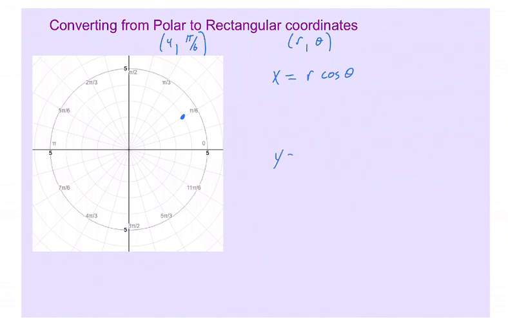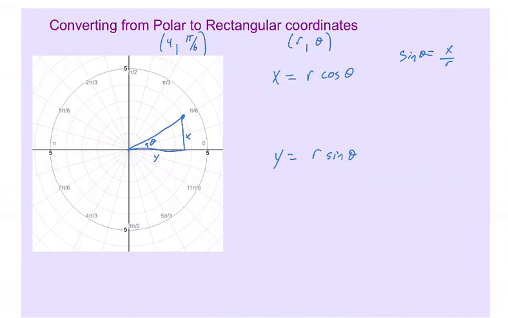The y value is r times the sine of theta, which makes a whole lot of sense because if you imagine the x and the y coordinates here, remember the radius is the distance straight back to the pole, and the theta is this angle right here. So basic trig is that the sine of theta is equal to the opposite over the hypotenuse, and that's why y equals r sine theta makes so much sense.